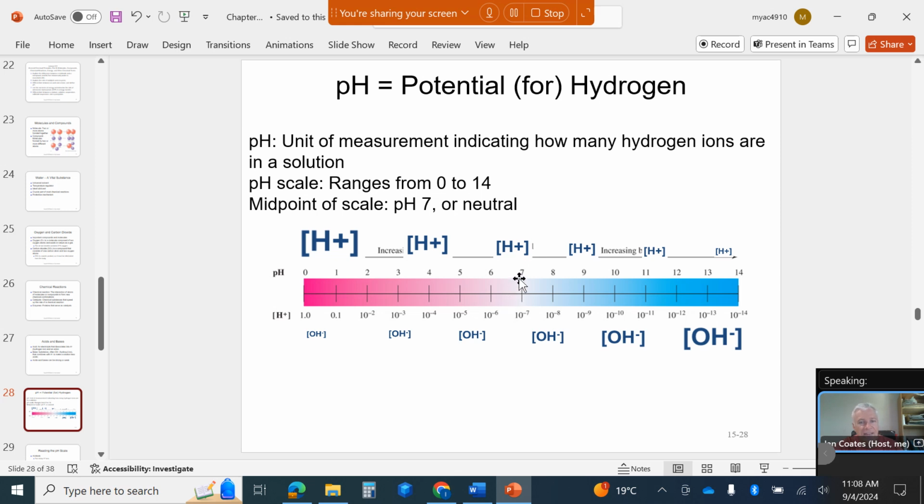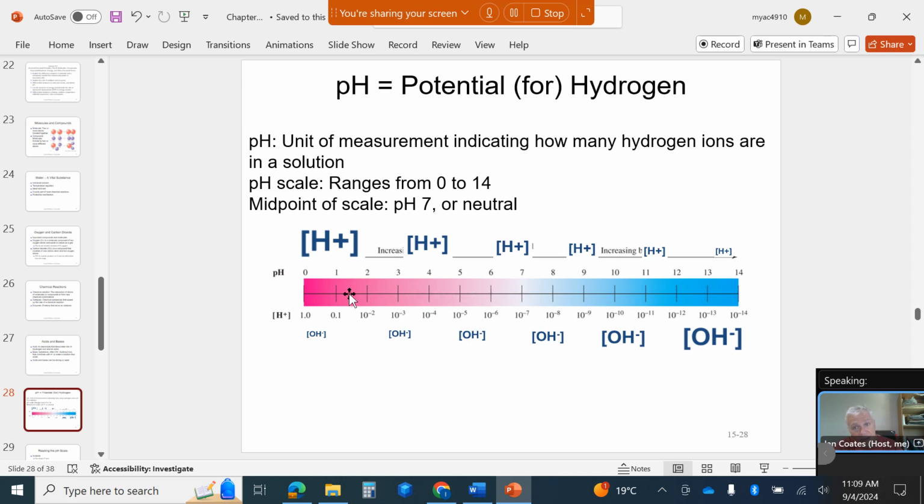Okay? Anything less than 7, have a look here at my hydrogen concentration. So anything from 0 to 6.9 is an acidic solution. And you'll see there, in and around 7, my hydrogen equals my hydroxyl concentration. That's why it's neutral. But on your pH scale, the lower you get, the hydrogen concentration increases while the OH concentration decreases.